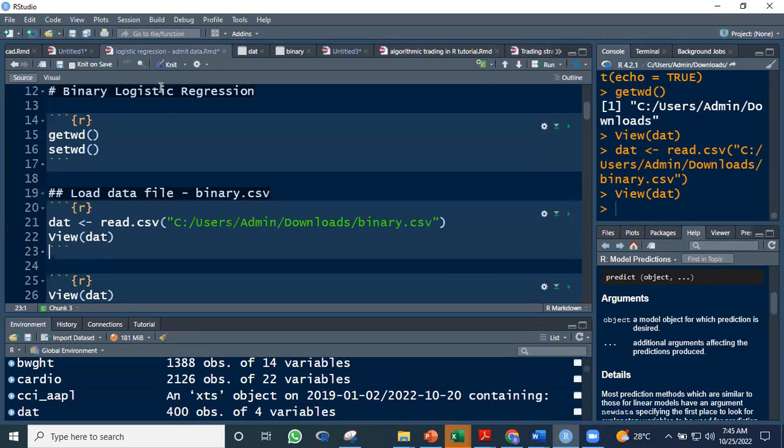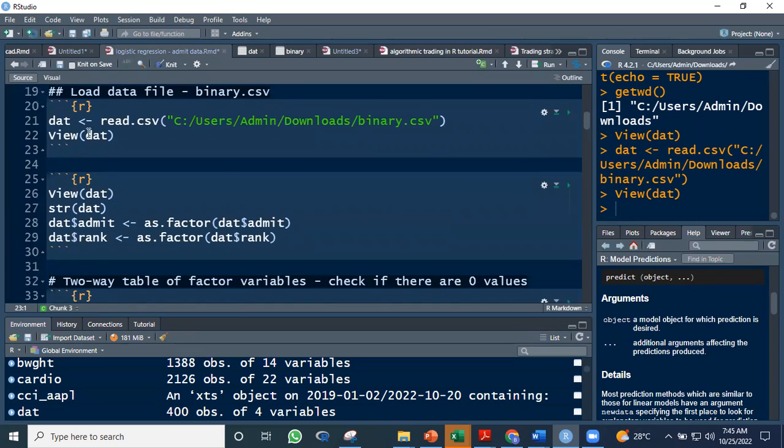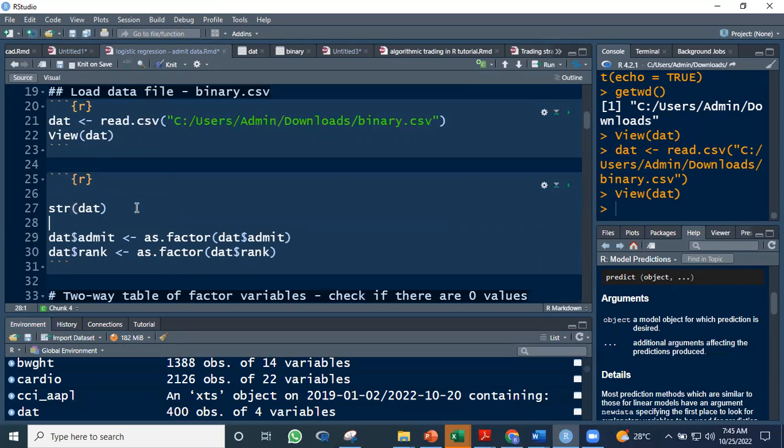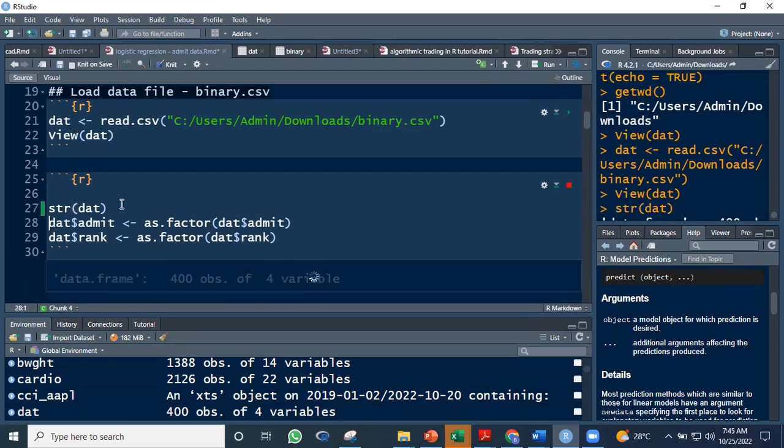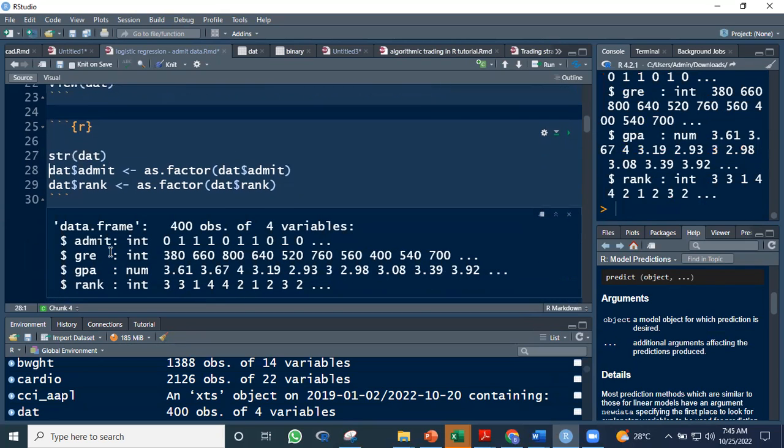Okay, so let's continue. Na-double yung view. Tanggalin ko na nga ito. Let me delete this. Okay, so let's take a look at the structure of the data. If you can see, admit here is an integer.